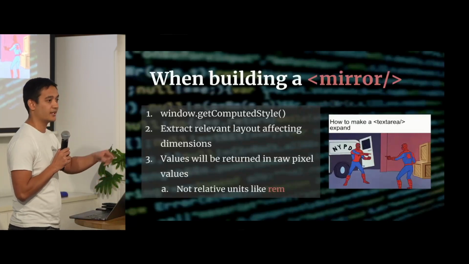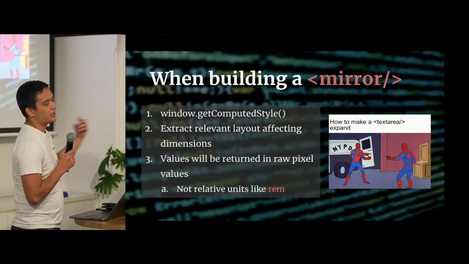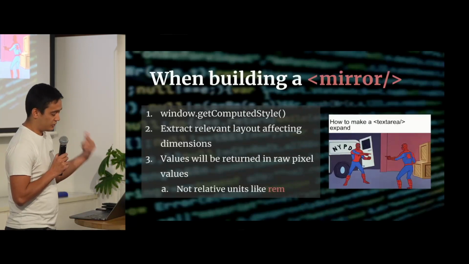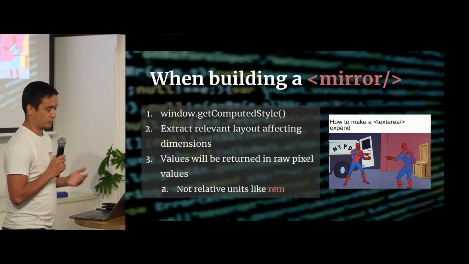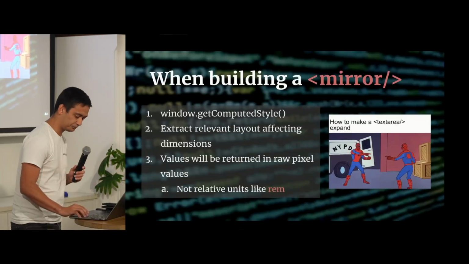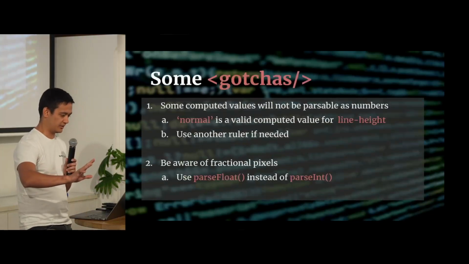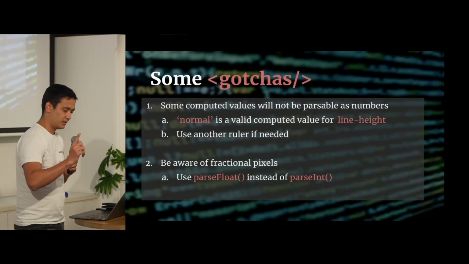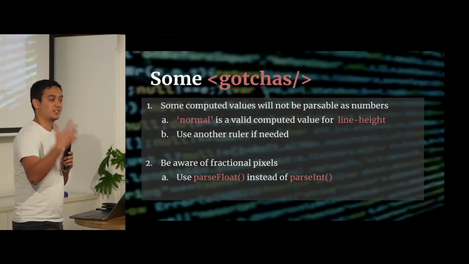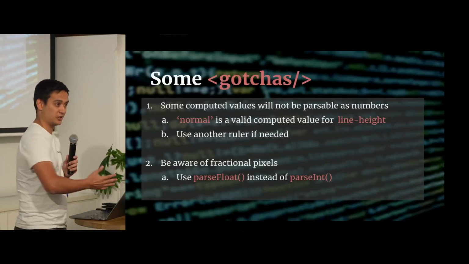We'll see in a second why you get absolute values as opposed to relative values. Now, there are some interesting gotchas with using computed styles. One of them is that some values you would expect to return as numbers are not actually numbers.